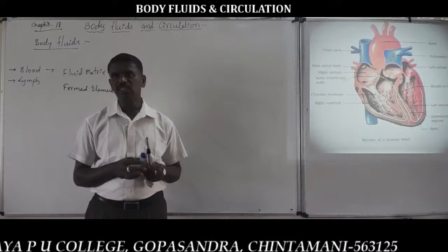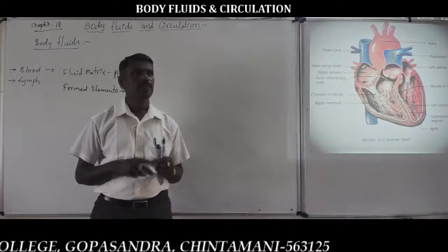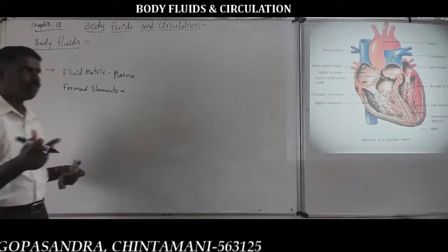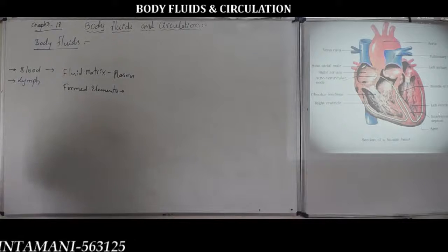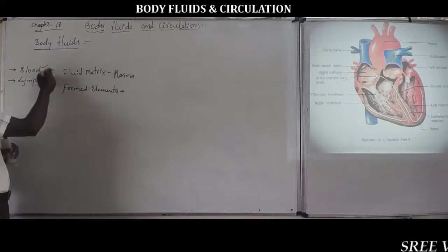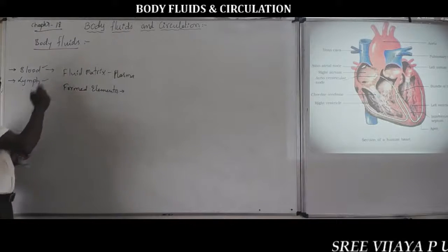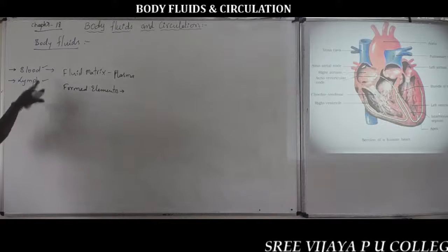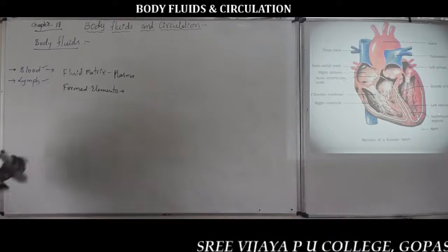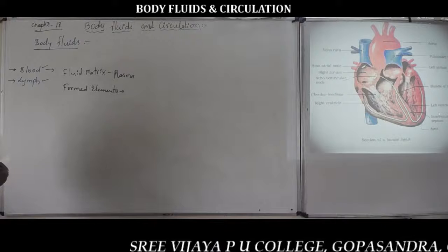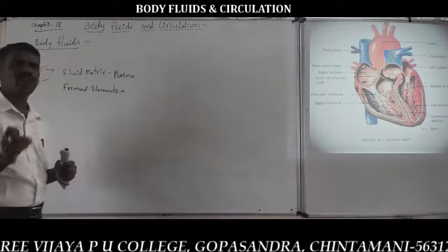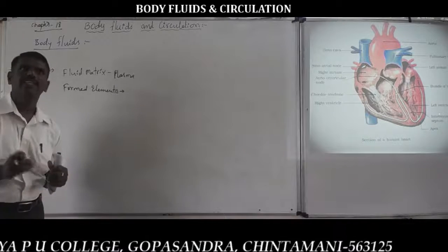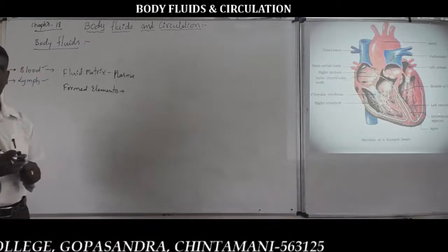Even in higher organisms like humans there are two types of body fluids which transport nutrients and gaseous constituents, that is blood and lymph. Extracellular fluid also helps to transmit a certain amount of hormones in the body.